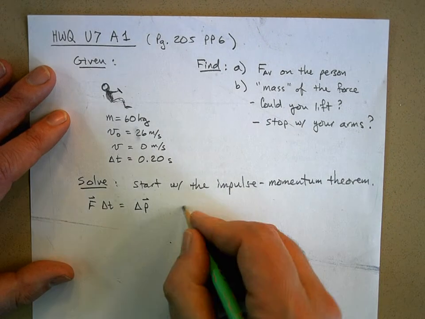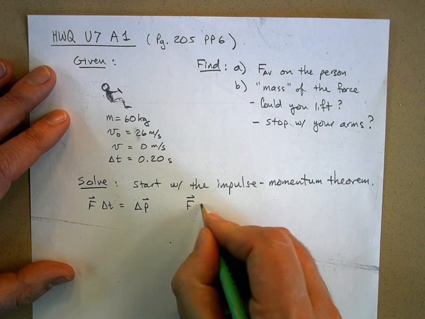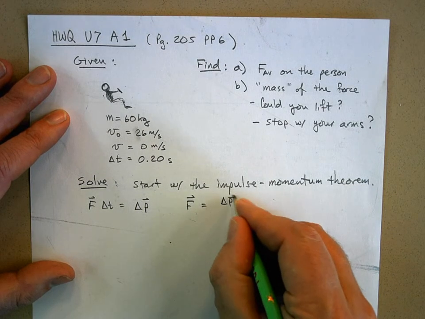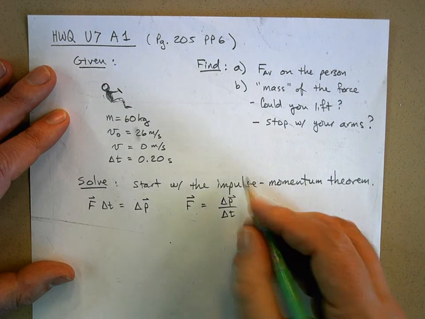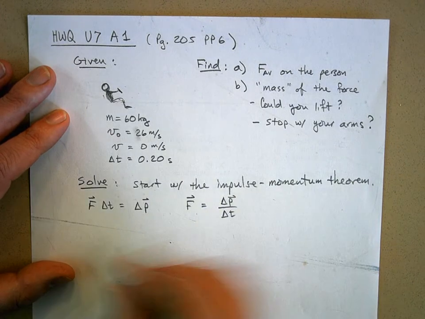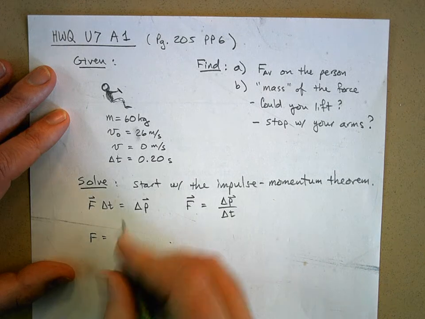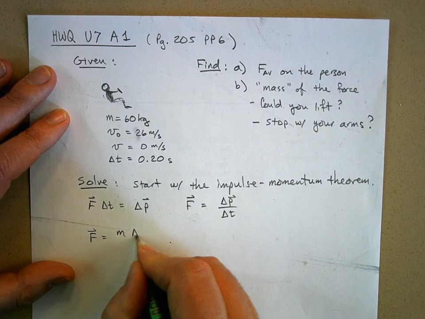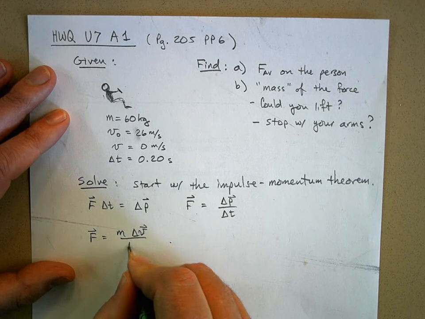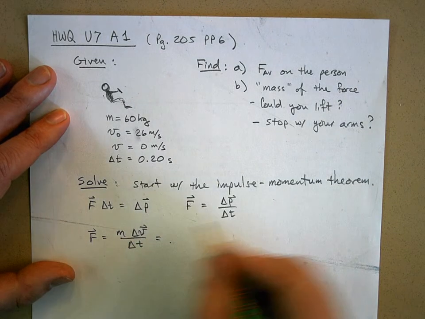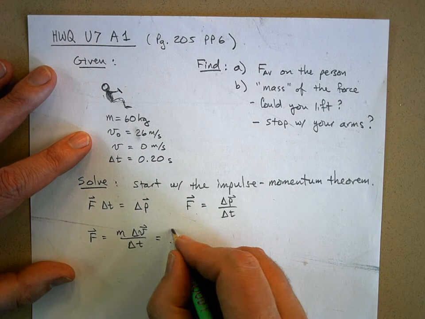So what this allows us to do is solve for the force, and that's going to be equal to the change in momentum over the change in time. And this is Newton's second law expressed in terms of momentum. So this is equal to the mass times the change in velocity over the change in time. The mass is 60 kilograms.